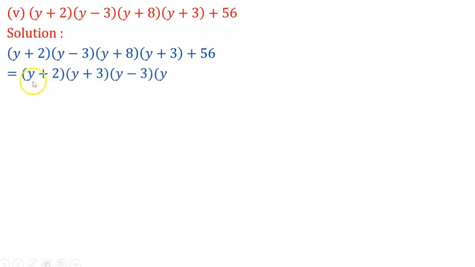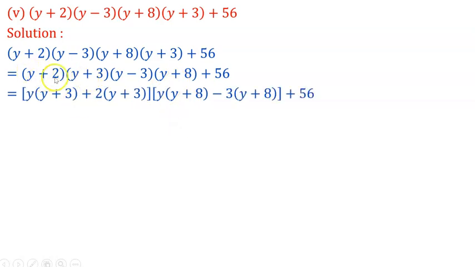Now see this. If we multiply (y + 2)(y + 3) and (y - 3)(y + 8), you will get their product: y(y + 3) + 2(y + 3), next y(y + 8) - 3(y + 8), and + 56.